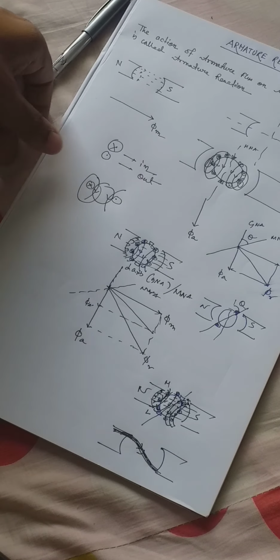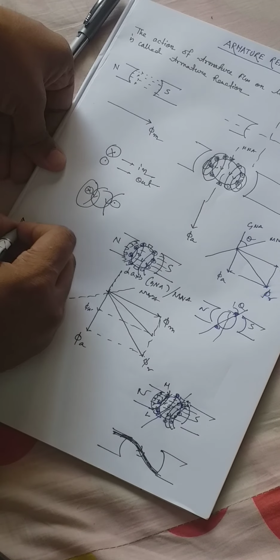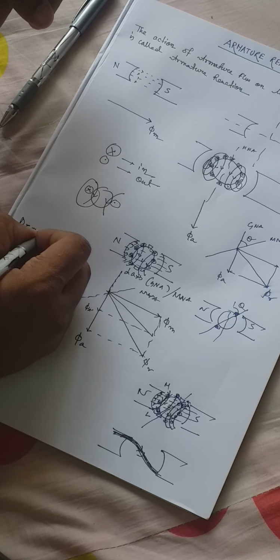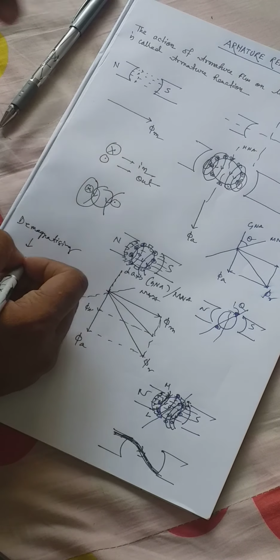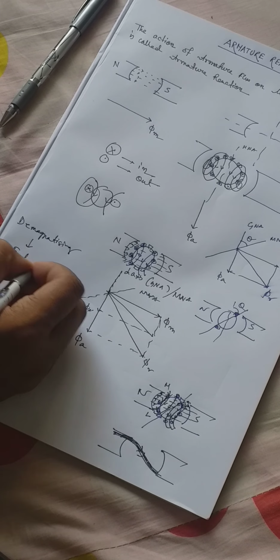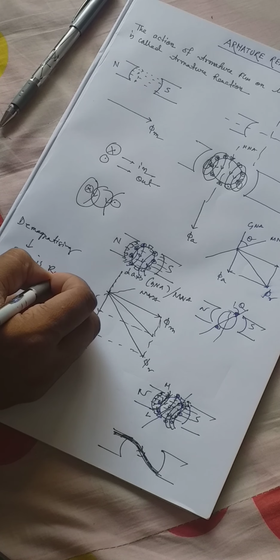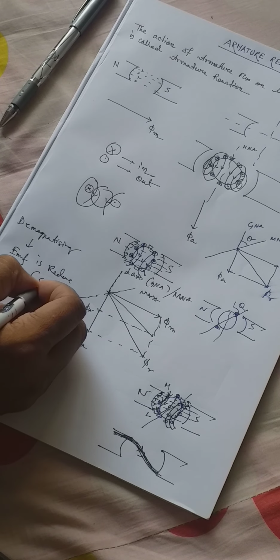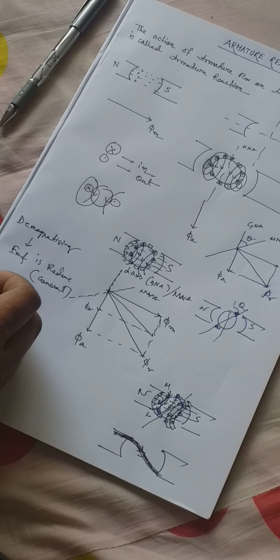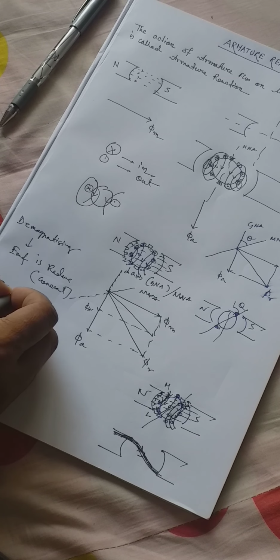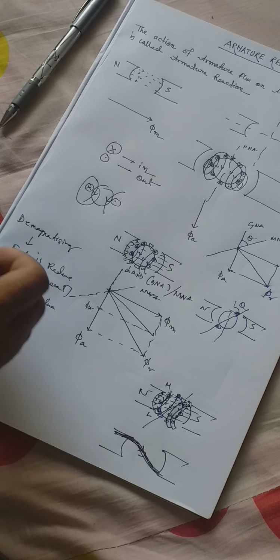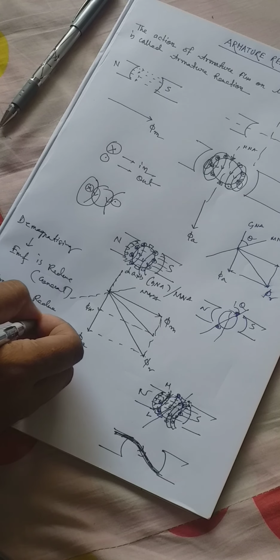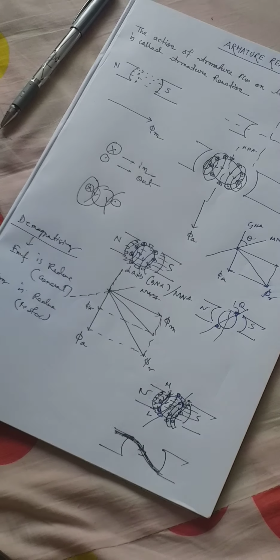Due to demagnetizing, EMF is reduced in case of a generator, or torque is reduced in case of a motor. This is the phenomenon of demagnetizing.